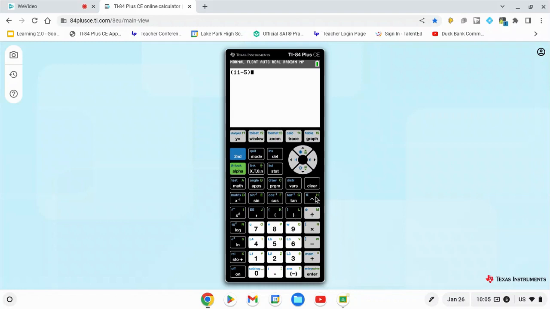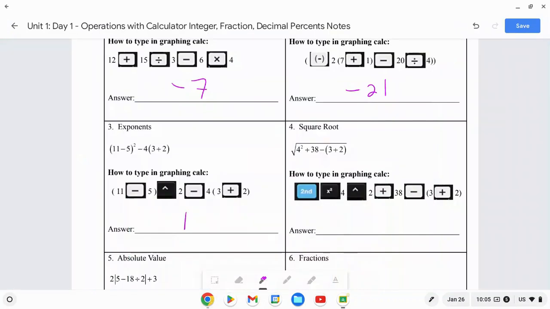So to put in an exponent, you click on this caret button here, and that will raise it to an exponent, and it's to the second power. Now to get out of the exponent, you have to hit the right-hand arrow to get down. Otherwise, you're going to continue to be in the exponent part. Okay, then I have -4 parenthesis 3 plus 2, close the parenthesis, and again, hit enter for equals. I got 16 for that answer, and that is the correct answer, so 16.